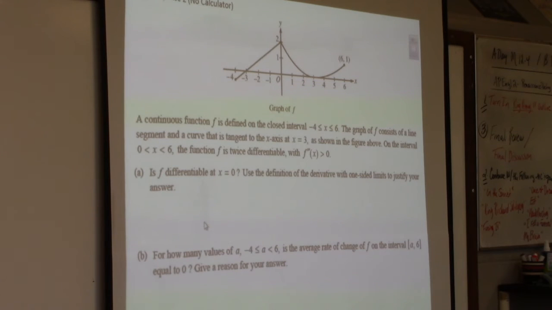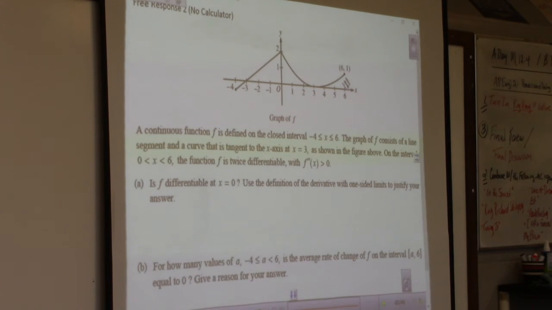So what you can do with this graph is you can actually start over here at 6 and just draw a line backwards. So now, anywhere that the function touches that horizontal line right there, I have a y value that's equal to the y value at my endpoint here.